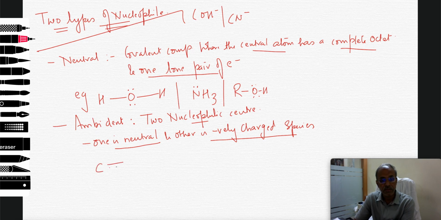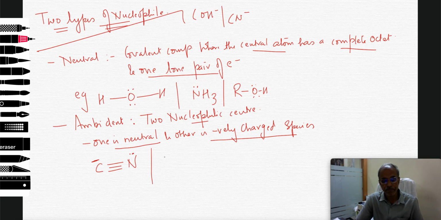C triple bond N with a minus charge. It's a negatively charged species and this is a neutral atom.